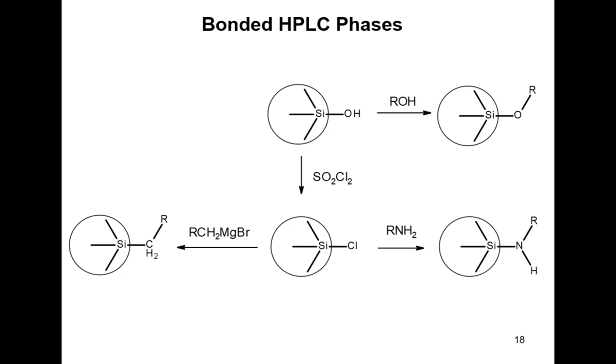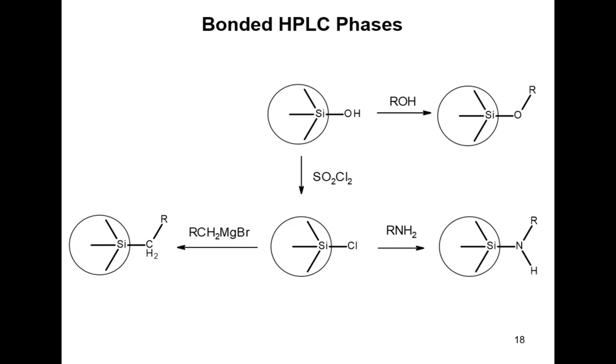So alternative approaches were developed to make something which was a bit more stable, less easy to hydrolyze. It starts off by replacing the OH with a chlorine atom, and then you can react that with nucleophilic reagents like organometallic compounds to form a silicon-carbon bond, or nitrogen atoms using an amine as the reagent to form a silicon-nitrogen bond.